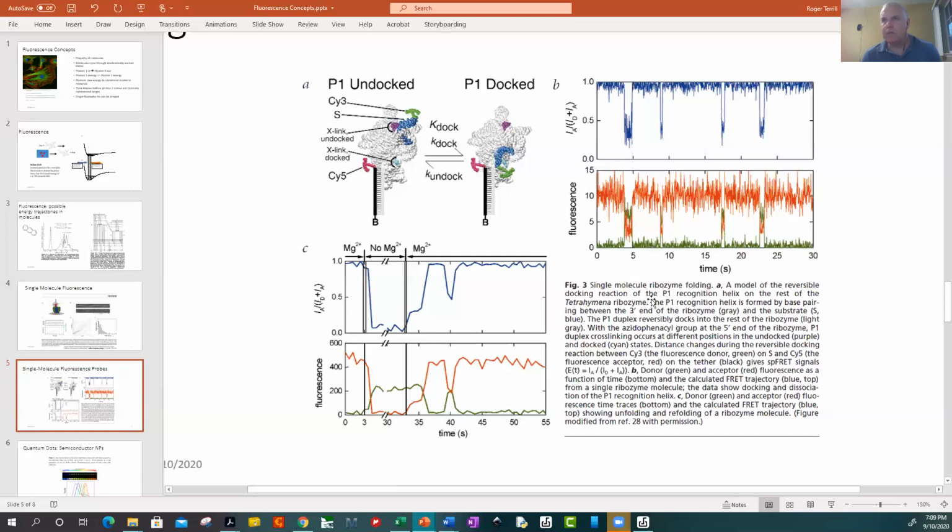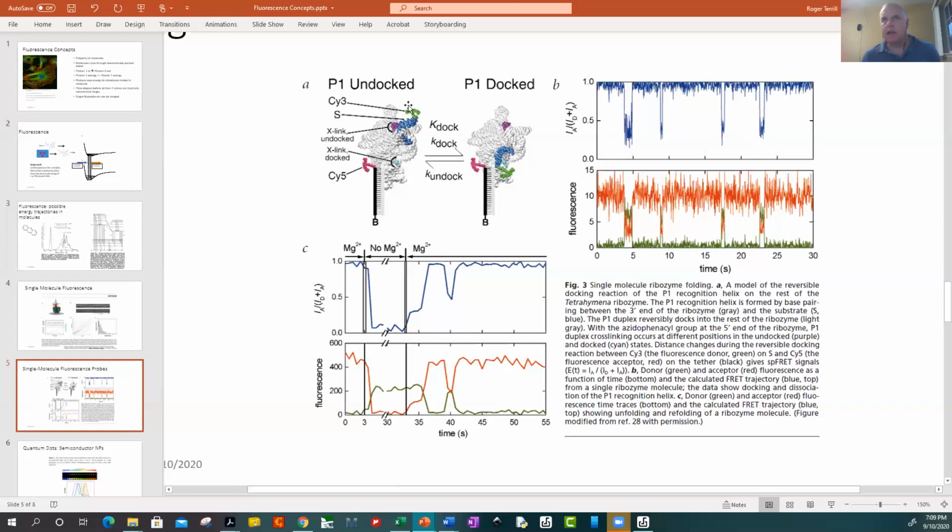A model of the reversible docking reaction on the P1 recognition helix on the rest of the tetrahedron ribozyme. The P1 recognition helix is formed by base pairing between the 3' end of the ribozyme, gray, and the substrate, S, blue.